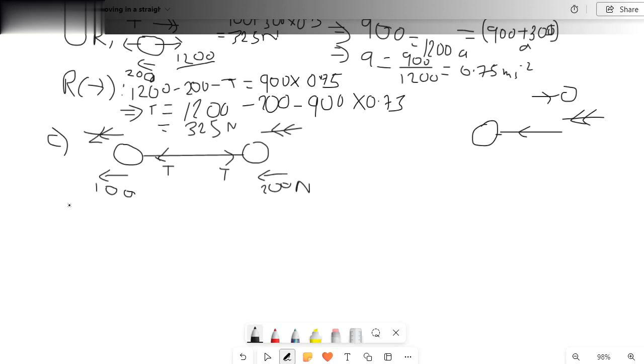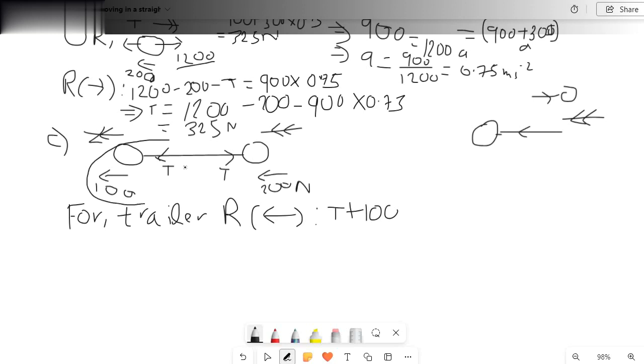So considering the trailer, resolving to the left, we have tension plus 100 because both of the forces are acting to the left. Drawing a force diagram for the trailer, we have this being T and this also being 100, and deceleration being to the left.